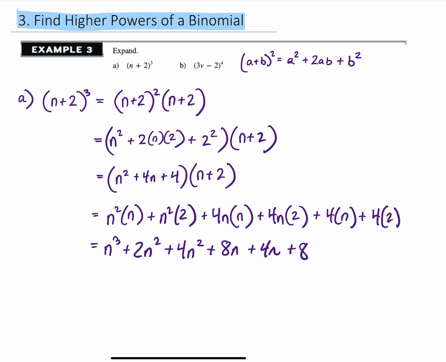So now let's just combine all of our like terms. We have n cubed, no other cubed term. We have 2n squared plus 4n squared, so that will give us 6n squared. Then we have 8n plus 4n, so 12n. Then just that 8 plus 8.